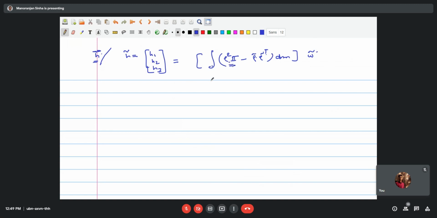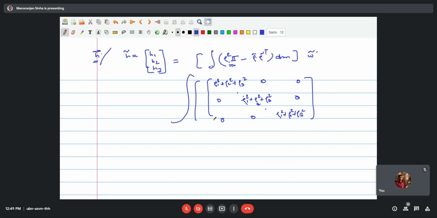So this quantity, if you look, is nothing but your rho 1 square plus rho 2 square plus rho 3 square. It's a diagonal form. So it's rho 3 square, all off-diagonal terms are 0, and then you are integrating over this minus rho rho transpose. So if you take rho transpose, the first vector is rho 1, rho 2, rho 3.